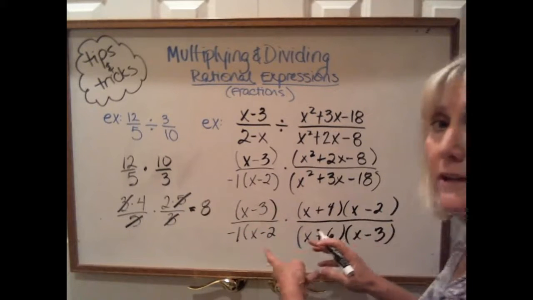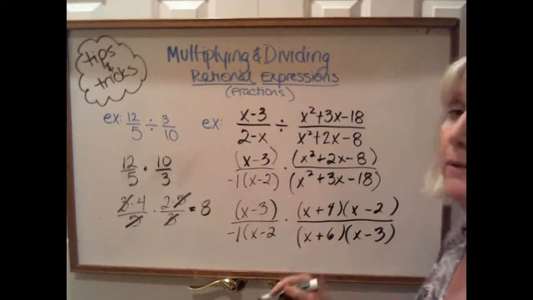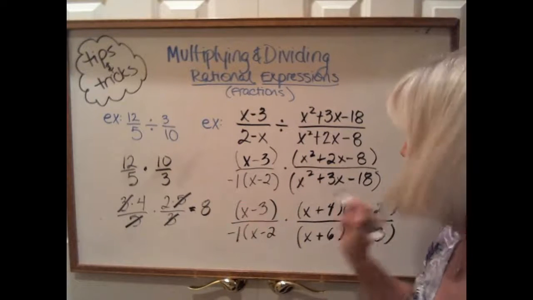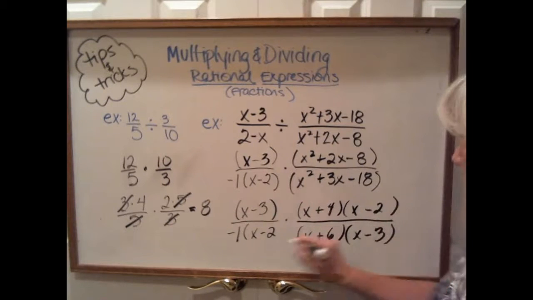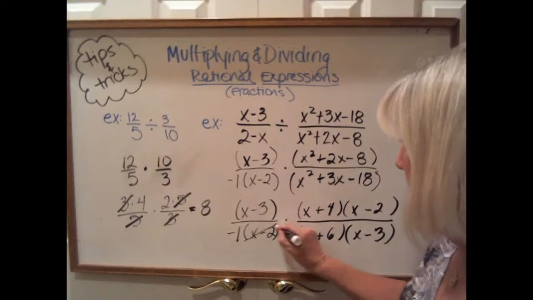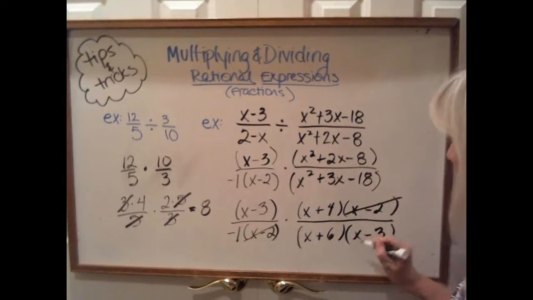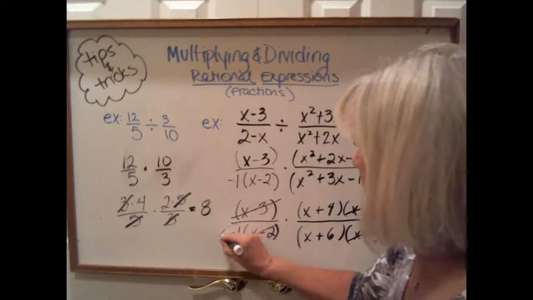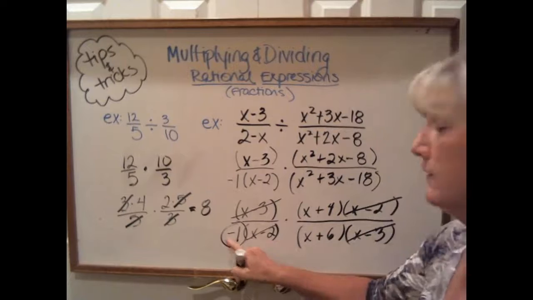So now everything is factored. So we are going to look for the common factors and come in with our pen and cancel out the common factors. I notice that there's an x minus 2 here that can cancel with this factor, and the x minus 3 here that can cancel with this factor. Make sure that we remember that negative 1.